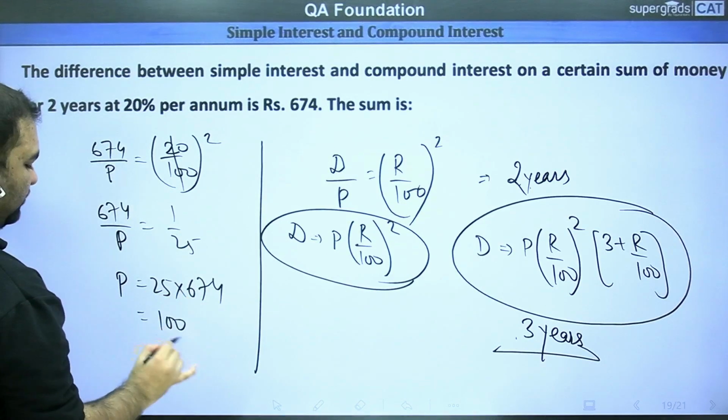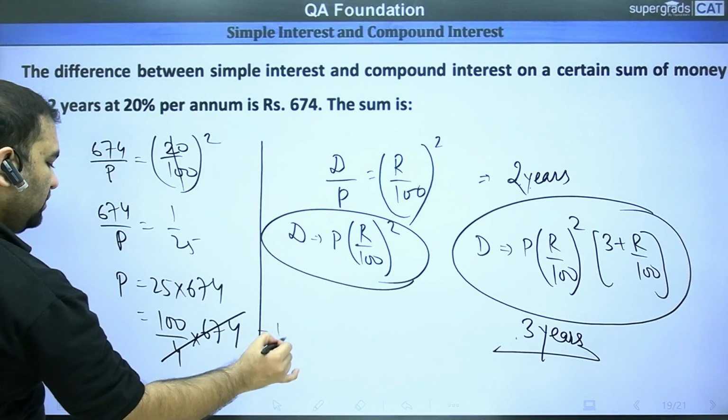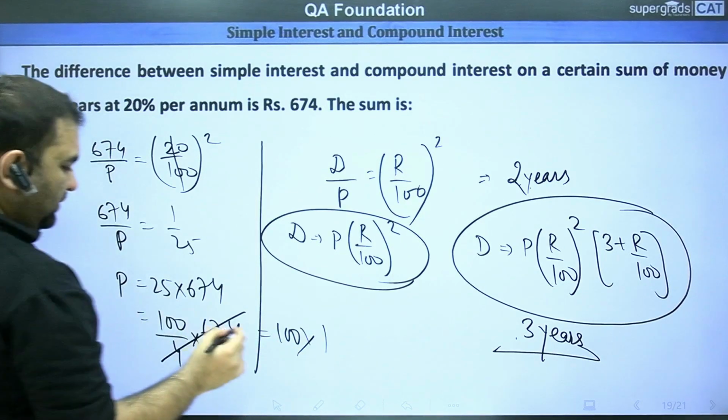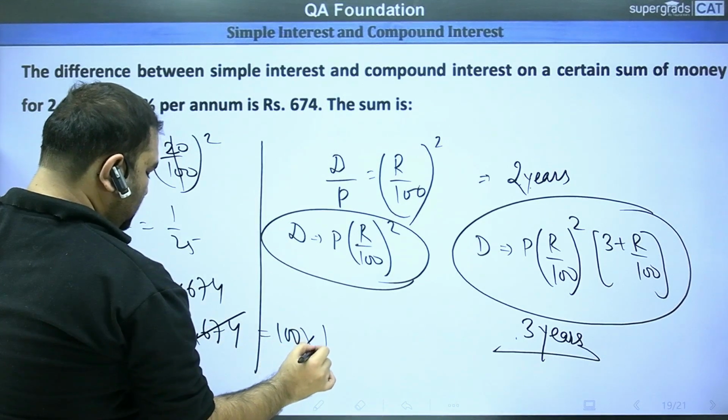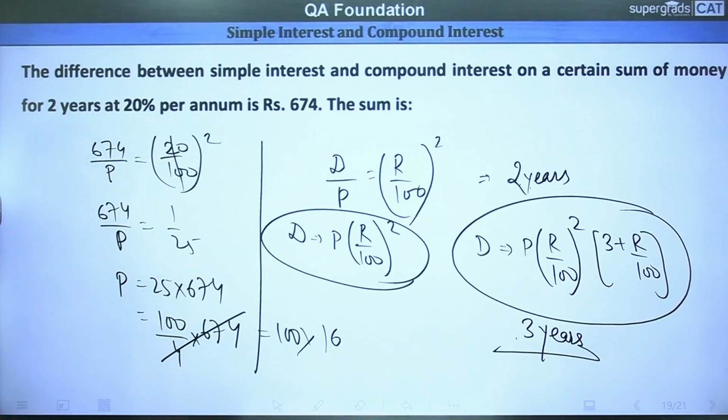I am writing 25 as 100 by 4. 27, 24, then 34... is a decimal coming? Okay, you can check it by yourself.